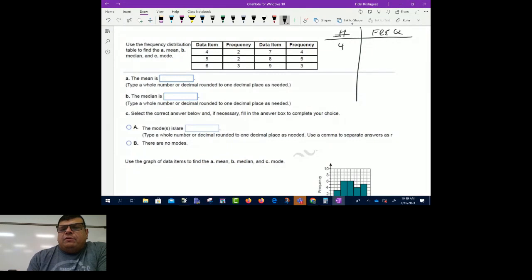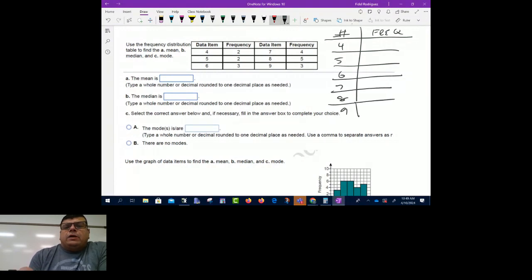So y'all, we have the numbers 4, 5, 6, 7, 8, and 9. Okay, y'all, the number 4 occurs twice, the number 5 occurs twice, the number 6 occurs 3 times, the number 7 occurs 4 times, the number 8 occurs 5 times, and the number 9 occurs 3 times.